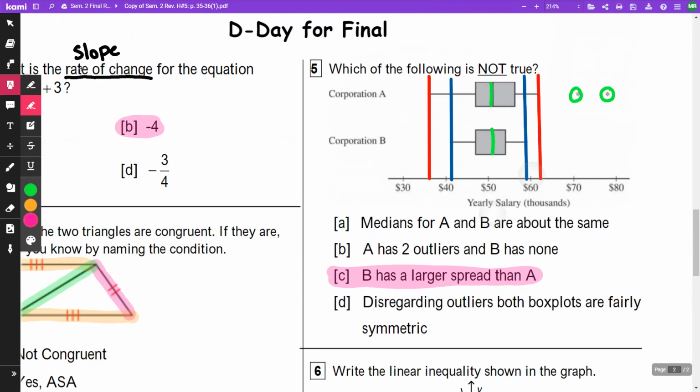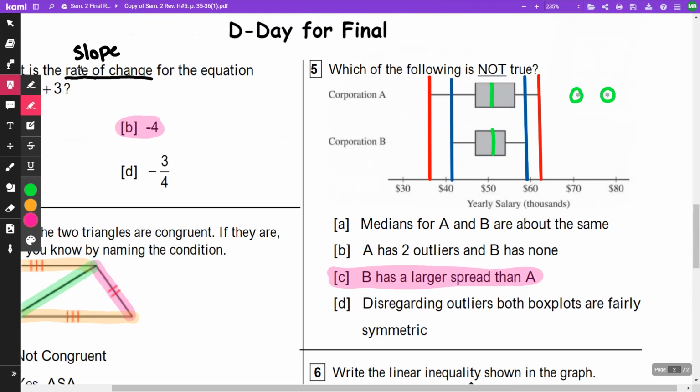And the IQR is also smaller because the IQR, what I drew, the two lines, that would be our range. If I'm looking for IQR would be from here to here for A. And for B, it would be from here to here.